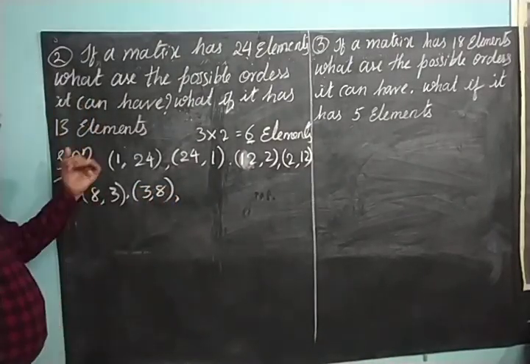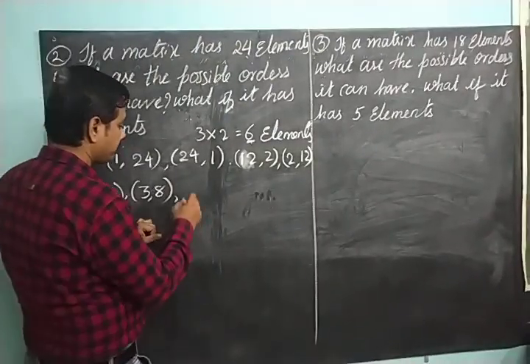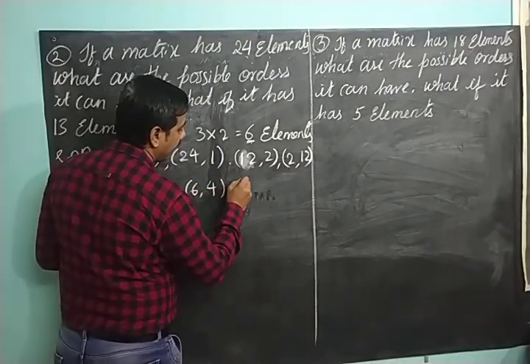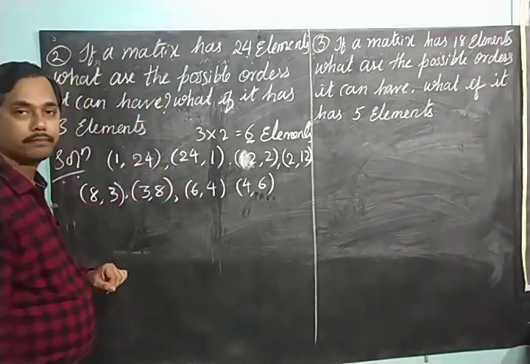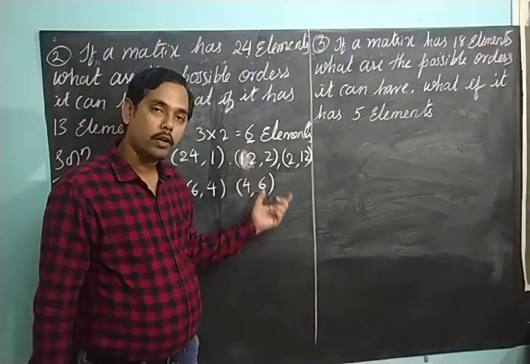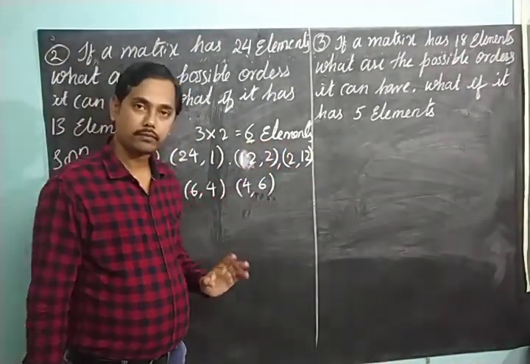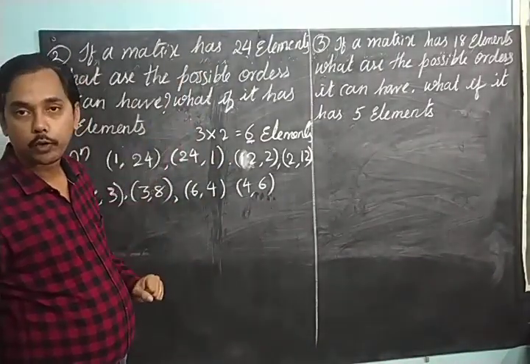So 8 into 3 is 24, 3 into 8 is 24. Next 6 comma 4 and 4 comma 6. 6 into 4 is 24, 4 into 6 is also 24. So these are the possible ordered pairs of factors of 24.